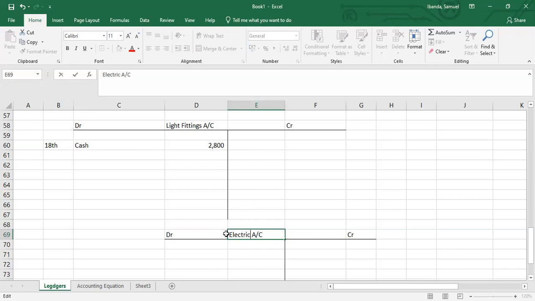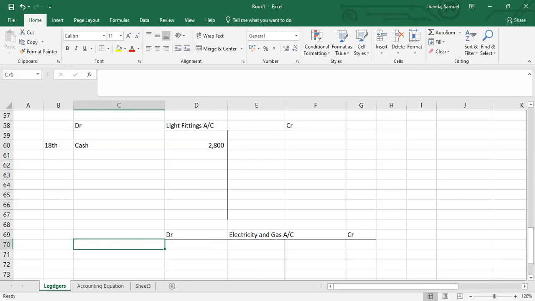Electricity and gas account, 1680. What date is this? It is on 31st. So on 31st, we are going to debit. Remember, expenses, when they're increasing, we debit them. And we paid, so this is cash.